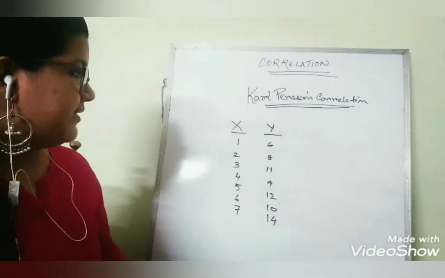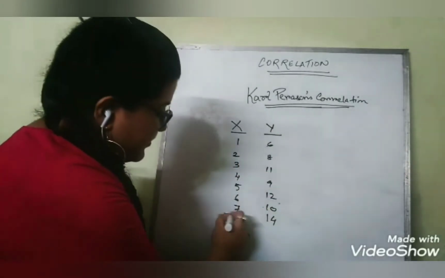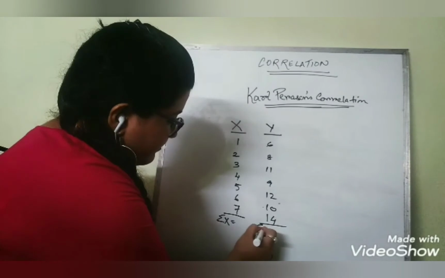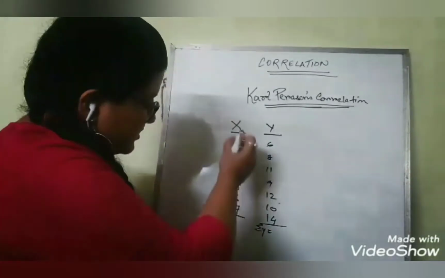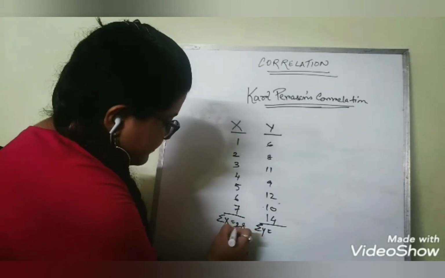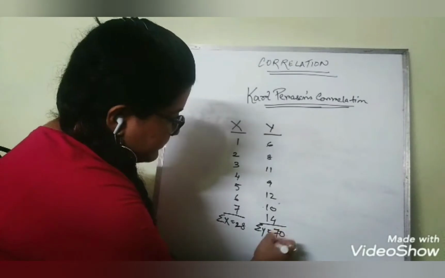So how do we do that? First we have to find out the total of x and total of y, which is summation x and summation y, which is, for this the total is 28 and for this total is 70.